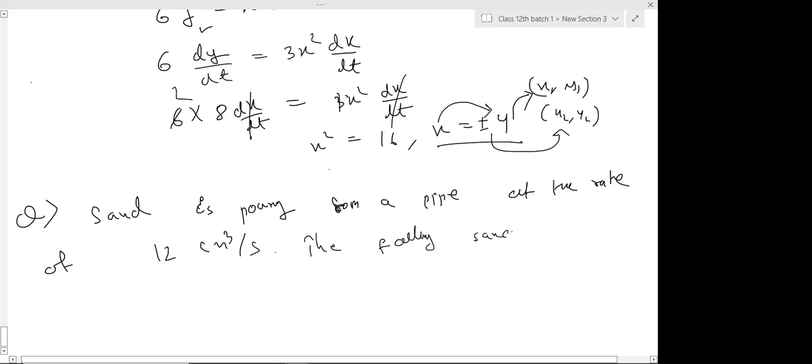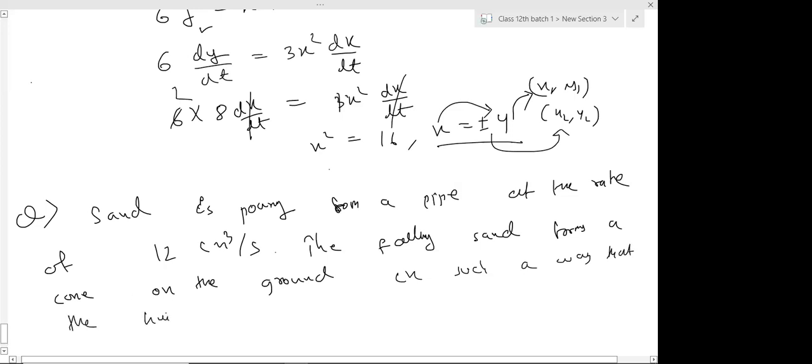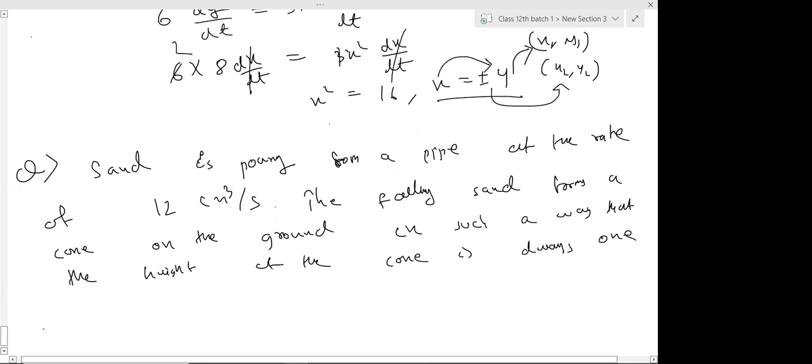The falling sand forms a cone on the ground in such a way that the height of the cone is always 1/6 of the radius of the base.